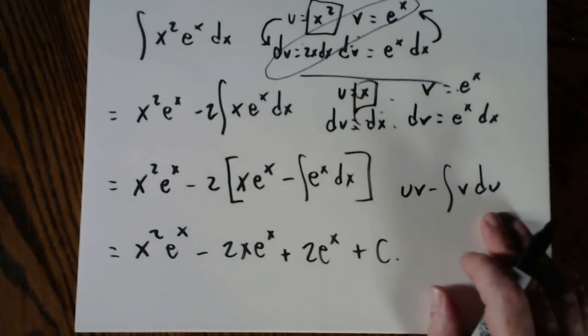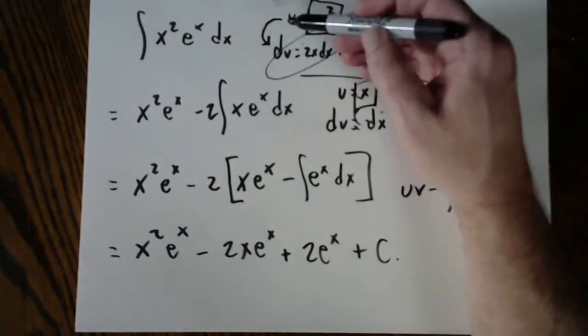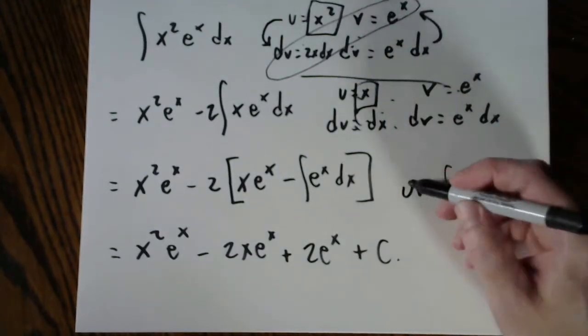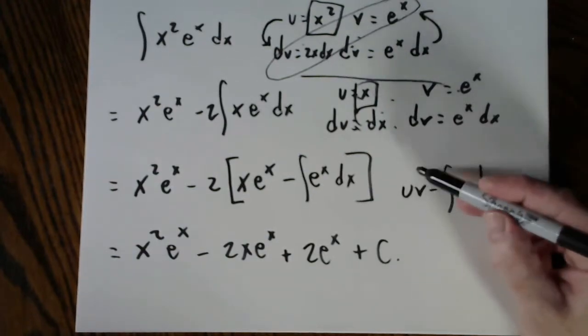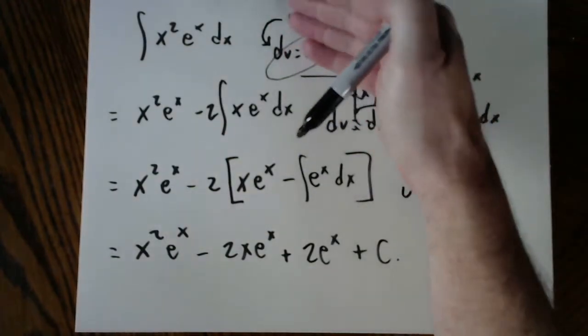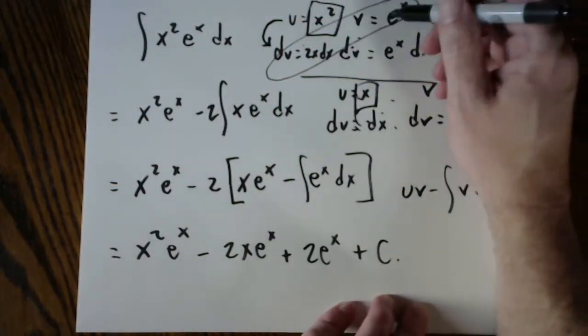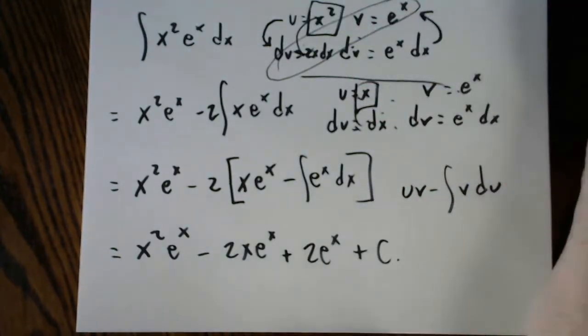So this is non-technical terminology, but you're sort of trying to break down the u part, the choice of u, because the u's not in the integral, right? It's outside the integral. So it's sort of like you're trying to dissolve the u, right? e to the x doesn't dissolve. If I made u e to the x, I'd have e to the x right back again.